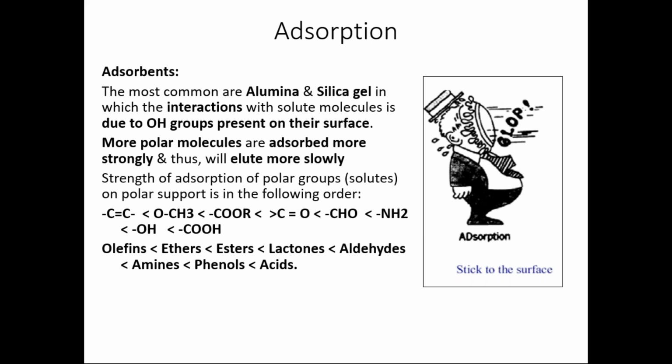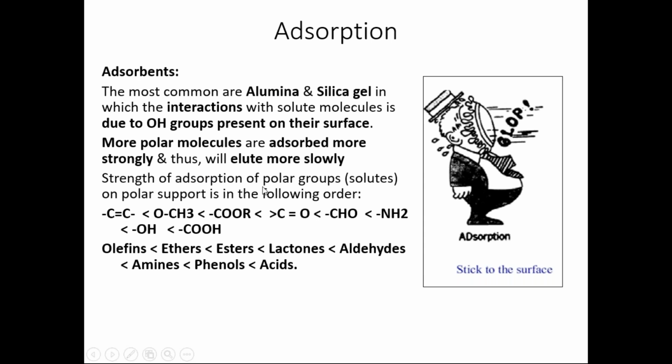Adsorption, as you know, is sort of sticking to the surface. The most common adsorbents we use here are alumina and silica gel, where the interaction with the solute molecule is due to the OH groups on the surface, as you will see as we move along the class today. More polar molecules will be adsorbed more strongly and they will elute slowly.